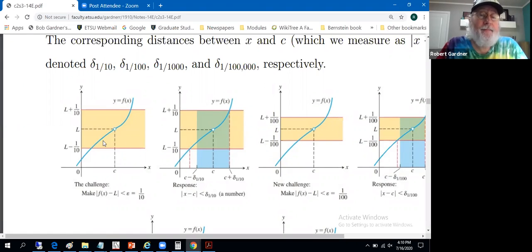Well, look at this. We can go as far right as here, and we'll still have the function lying inside the yellow band. If we go as far right as here, then we get the function lying inside the yellow band. So we can extend to the right this far. You go any further and then, oops, the function is no longer within the yellow band. It went out the top of the yellow band.